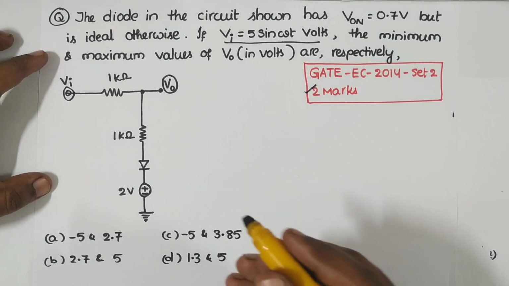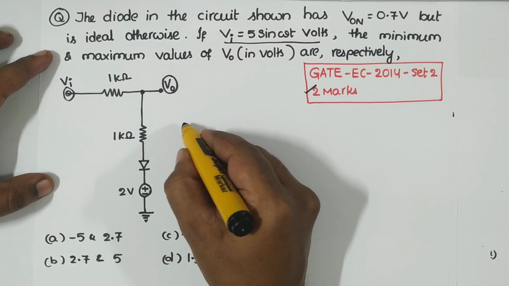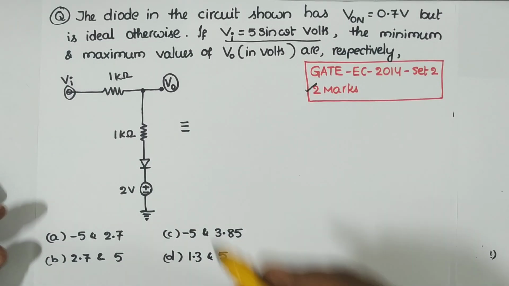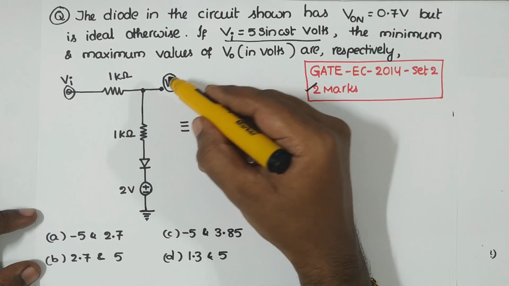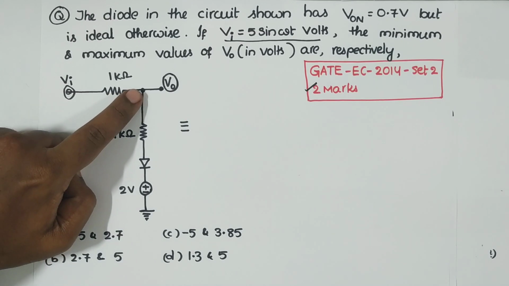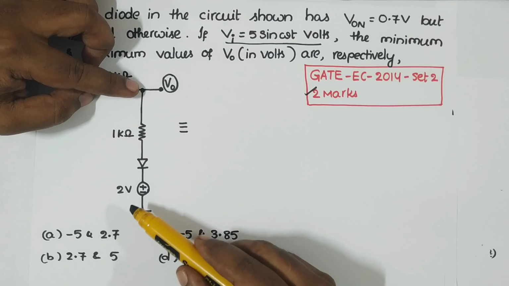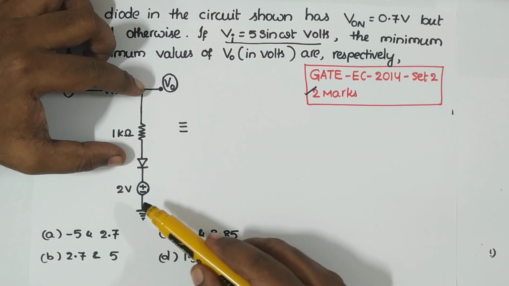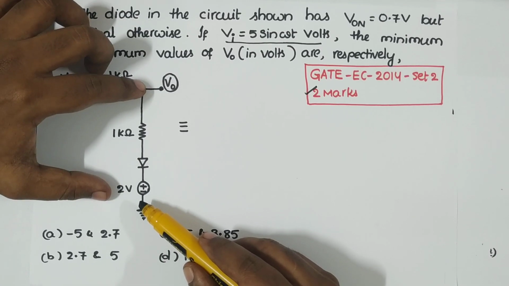See, for example, the same circuit. Can anyone tell this? This node voltage is not across this 1 kilo ohm. This node voltage V0 is across this combination: the 1 kilo ohm and this diode, with the on voltage of 0.7 volt given, and the 2 volt.